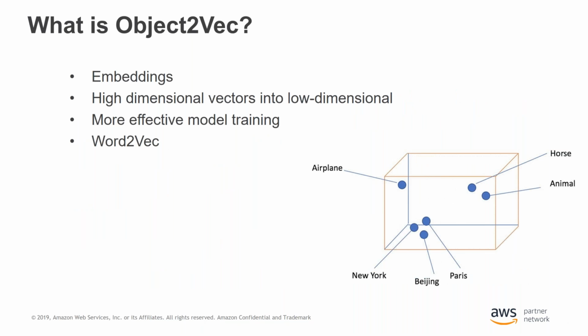So this is all the motivation for creating a SageMaker built-in algorithm called Object2Vec. As I mentioned, it is an embedding of pairs of objects. Embeddings are important in feature engineering because they convert high dimensional vectors into a lower dimensional space.